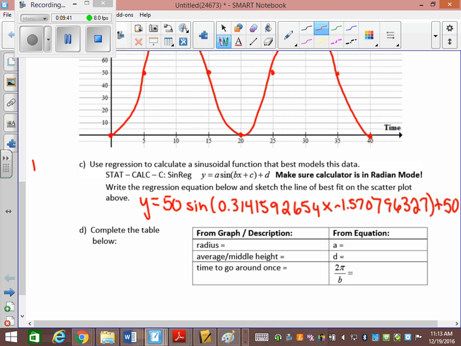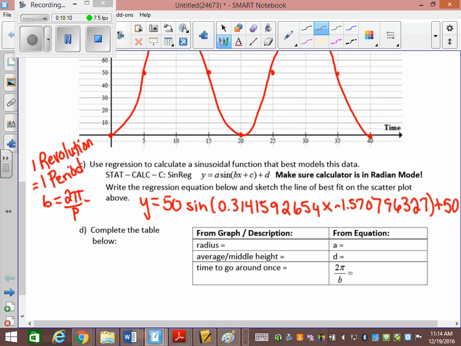1 revolution equals 1 period, because once you take 1 revolution and you get back to the top, what's going to happen now if you keep going? You're going to repeat yourself. And the moment you start repeating yourself, it's a new period, correct? So 1 revolution is the period. So if I wanted to find the exact value for B, I could go B equals 2 pi divided by the period.